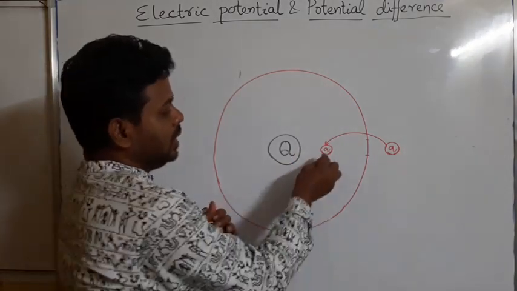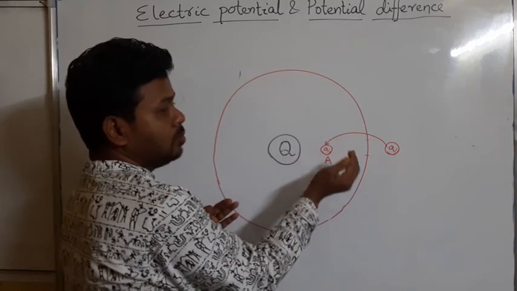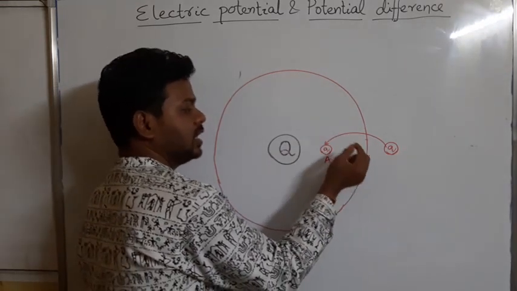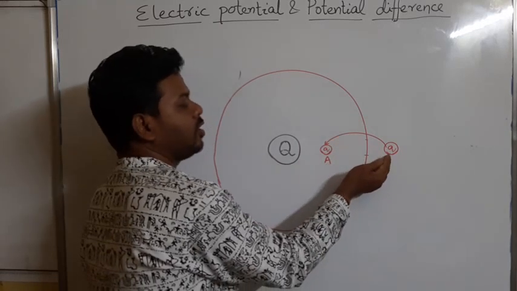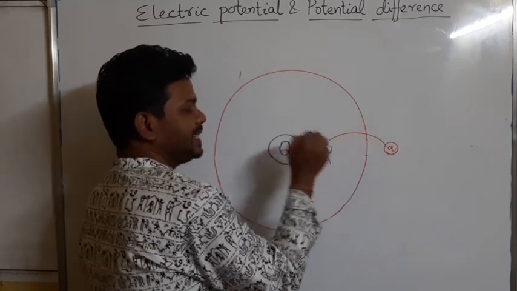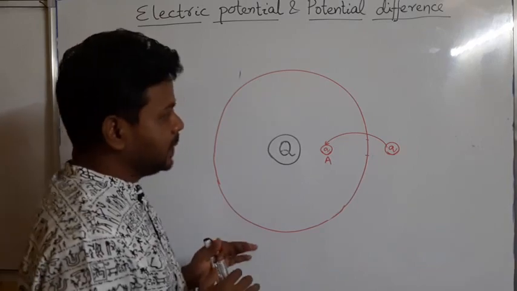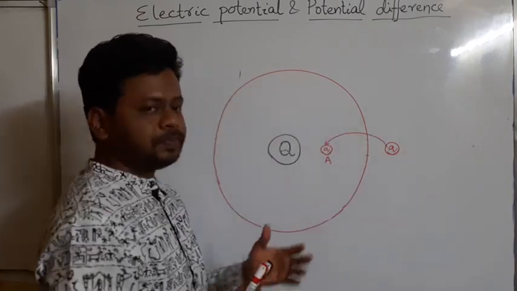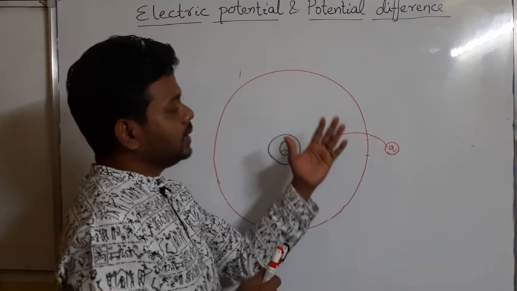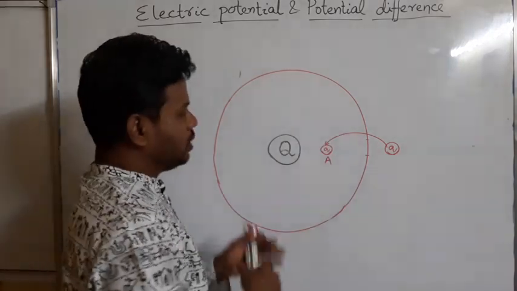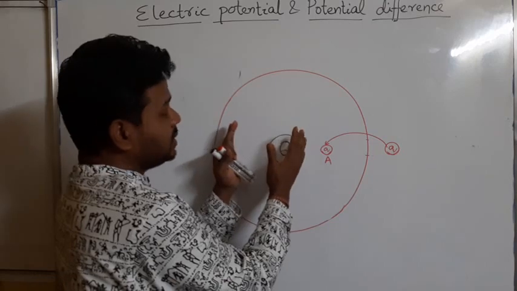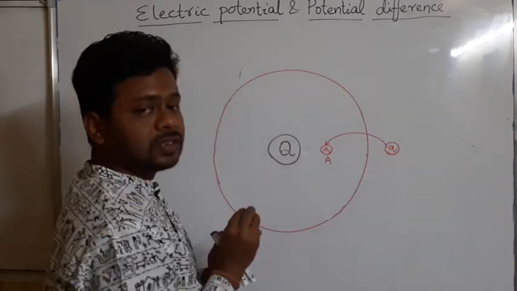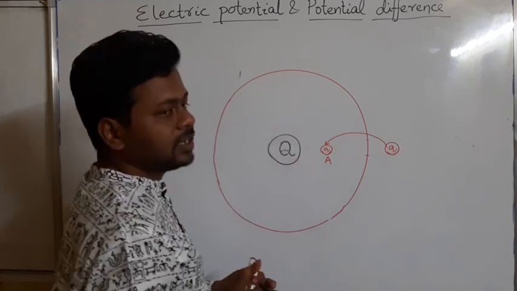So electric potential means how much work is done in moving a small unit charge from outside to inside the electric field. As I told, the boundary of this electric field is not definite, because a larger amount of charge has a large field, a smaller charge has a small electric field.